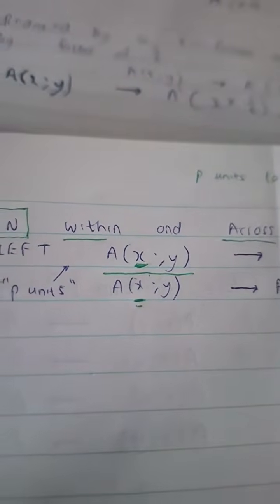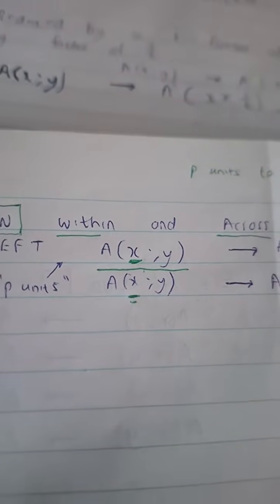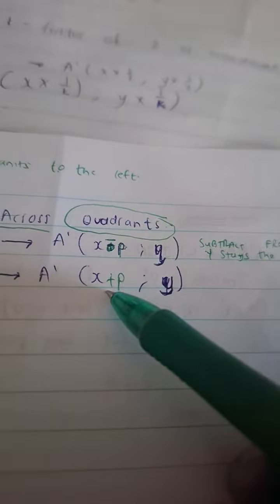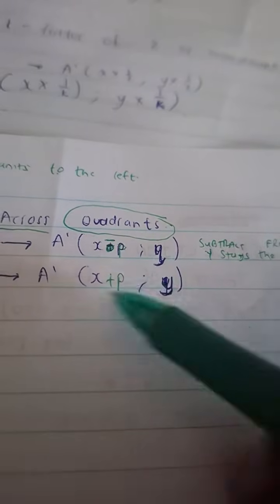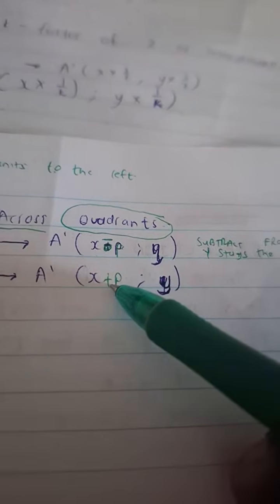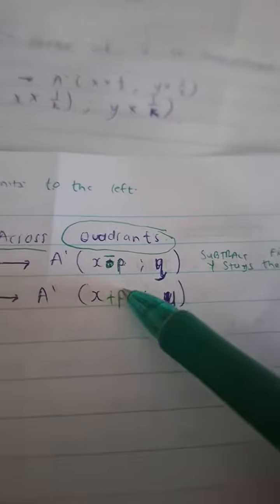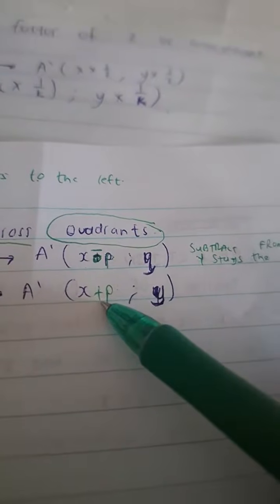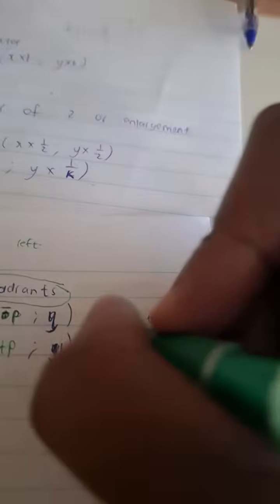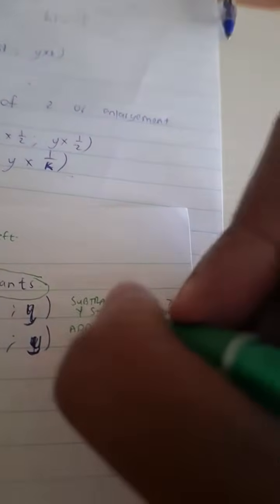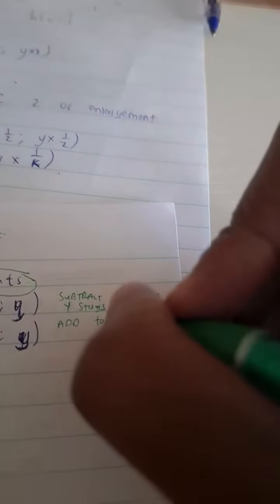If we are saying 3 units to the right, then it means we are going to add to our x coordinate the number of units that the point moved to the right. We are going to do what? Add to x, whilst y stays the same.